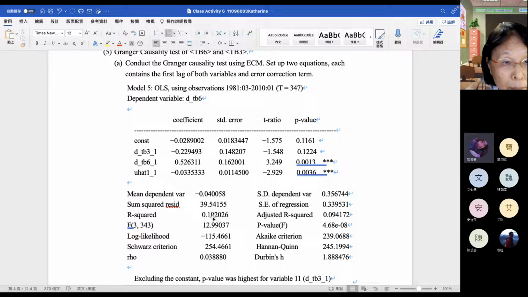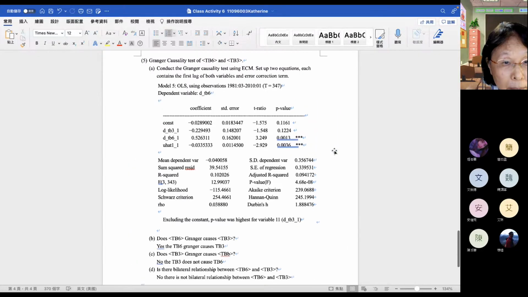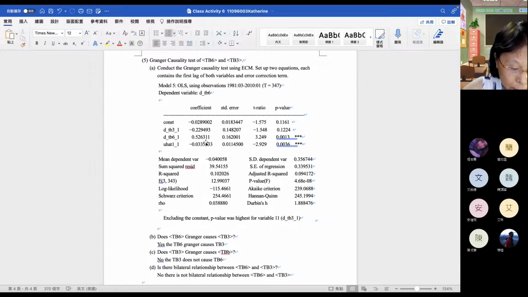The result shows the... Where did you see the significance? I think, how do I explain it?